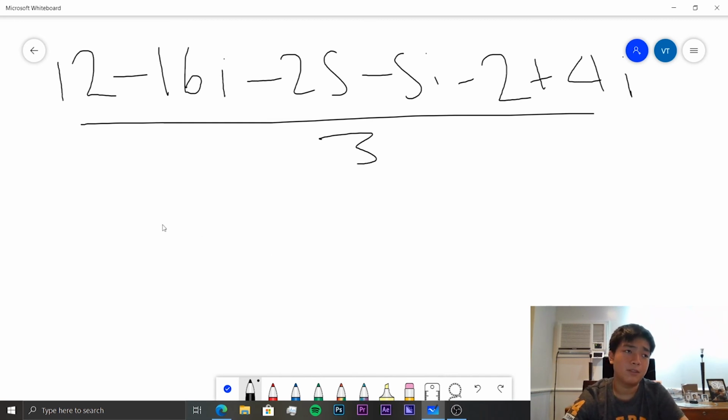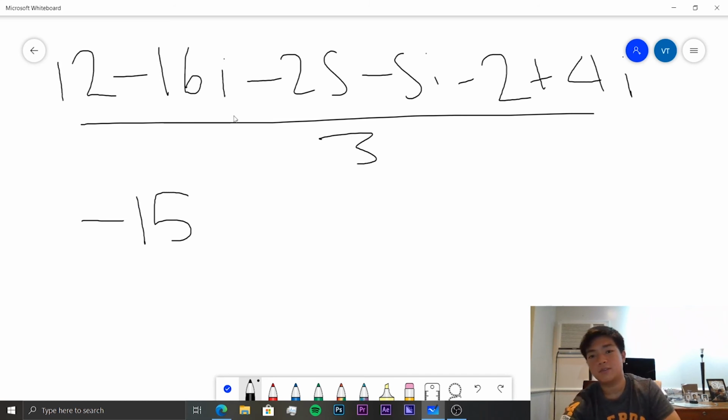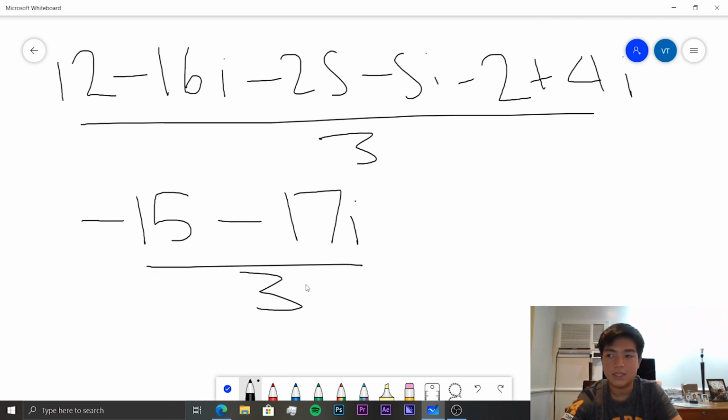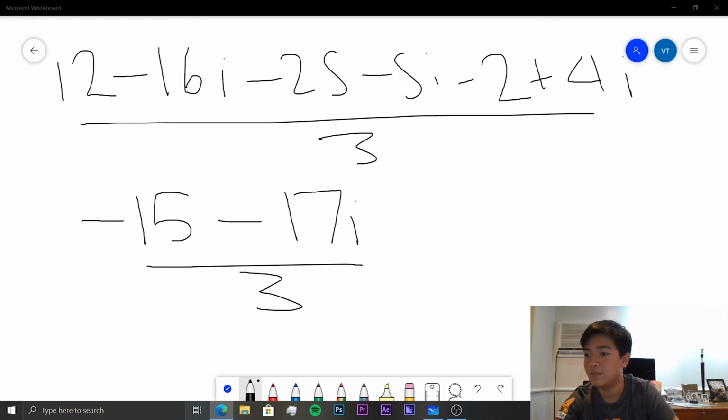That would be 12 minus 27, which is equal to negative 15. Negative 16i minus 5i plus 4i would be negative 17i. So we have (negative 15 minus 17i) over 3, and I think it should be fine to leave it like that.